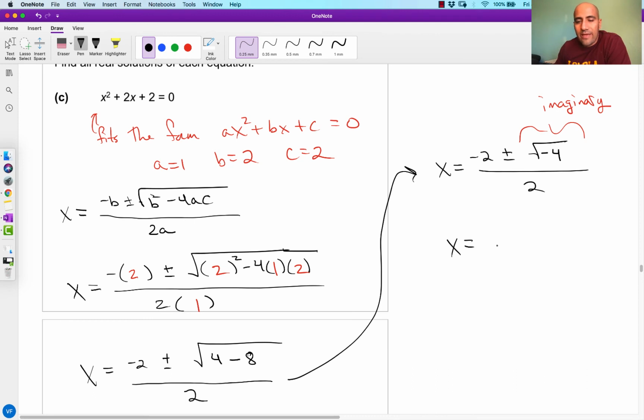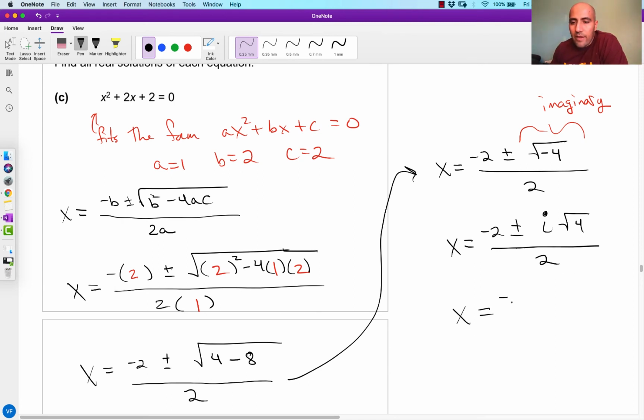So I know that we haven't quite covered that in this class yet, but it is a review class, so hopefully it looks familiar. What we need to do is deal with that minus first. So I'm going to pull out that minus and turn this into i, imaginary, root 4 over 2. Hopefully that looks nice and familiar and you can work with that. If not, then stay tuned. I think the next section covers imaginary numbers.